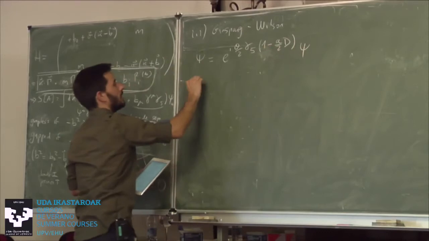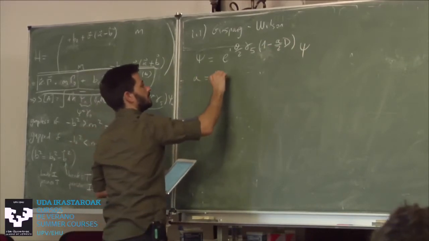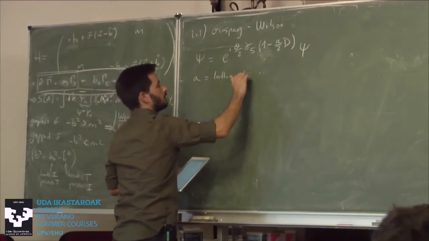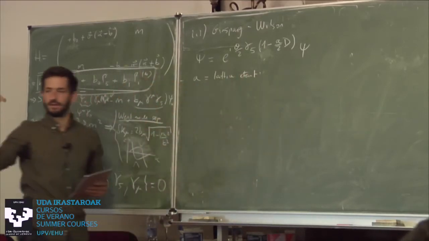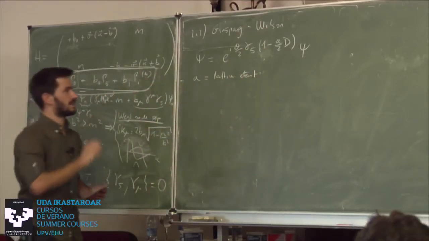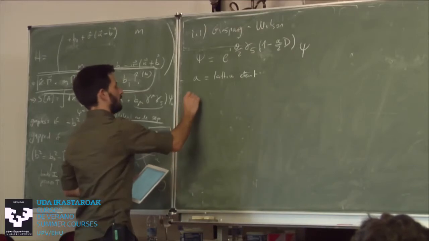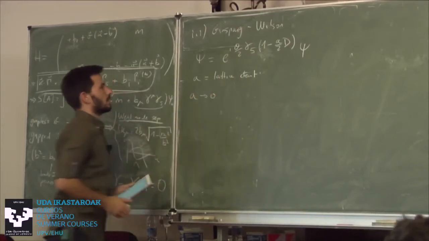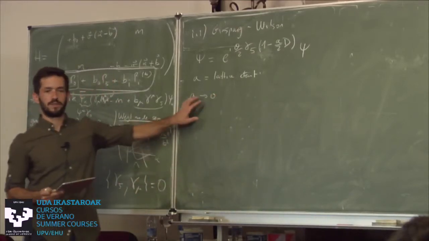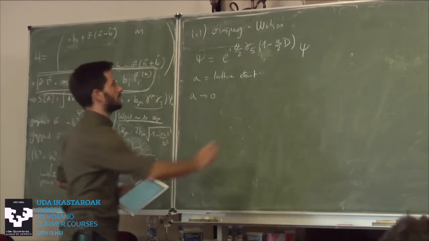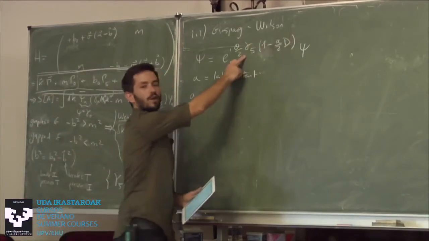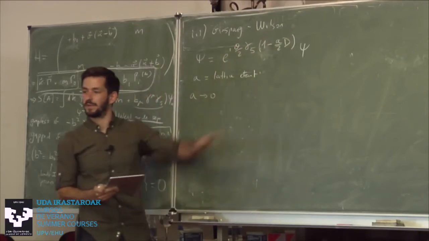A is the lattice constant, which I implicitly assumed to be 1 in the other examples, but let's leave it here. The continuum limit would be to take the lattice constant to 0, so this term would disappear, and I would recover the same chiral transformation.